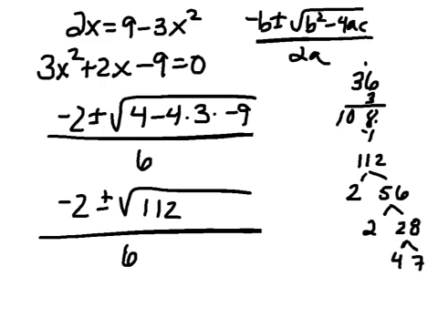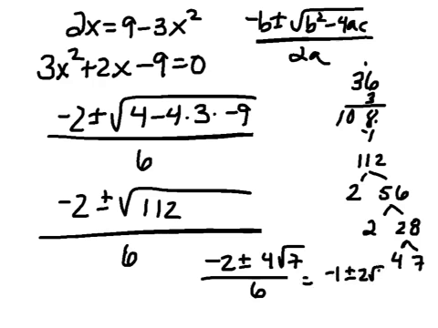So 16 times 7. So negative 2 plus or minus 4 root 7 over 6. And you can take a 2 out of all of that. So that's equal to negative 1 plus or minus 2 root 7 over 3. Sorry, it took a little bit longer. We'll do more of those in class.